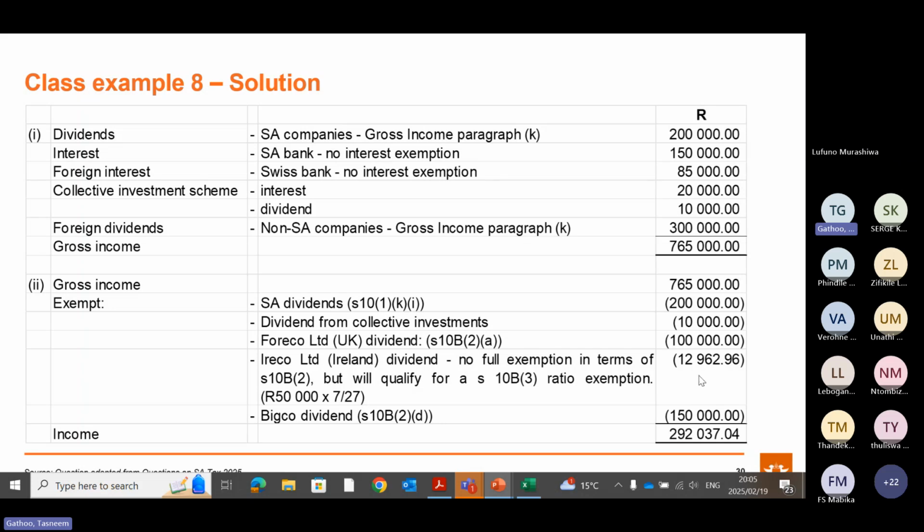Just for purposes of exam technique, you didn't have to show this calculation. We could just say it is equal to 50,000 multiplied by 7/27 to give you your answer.